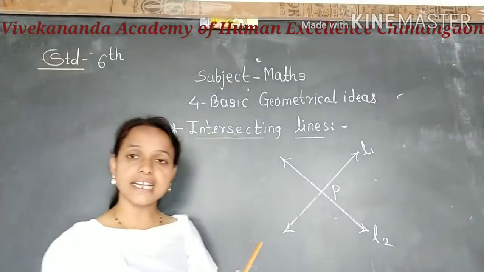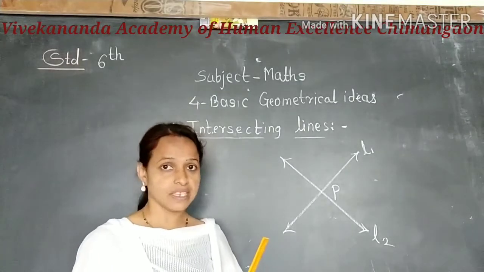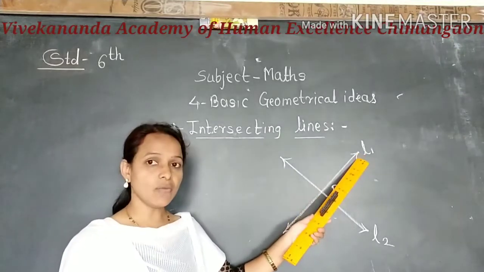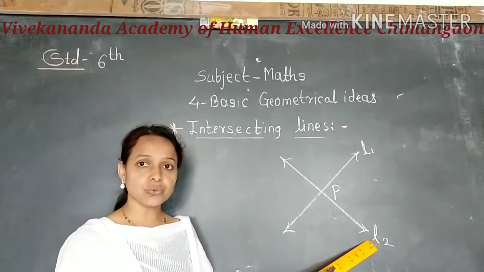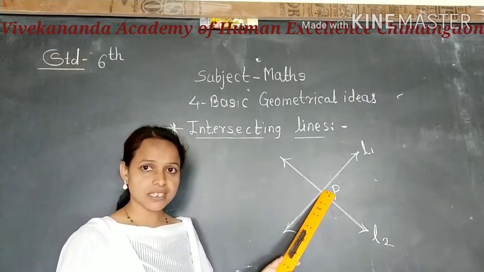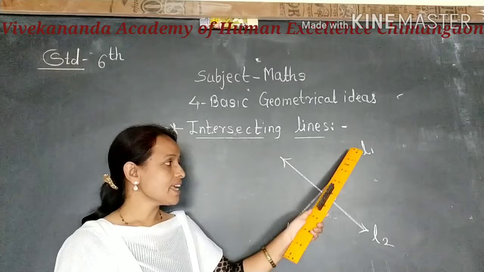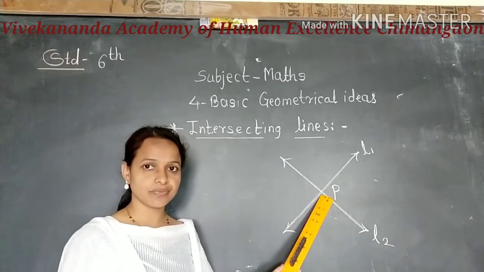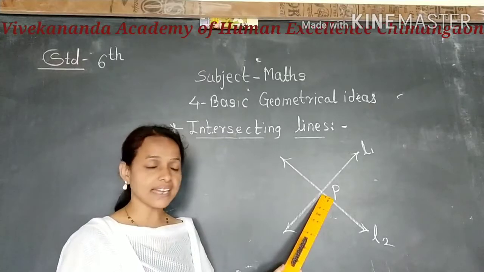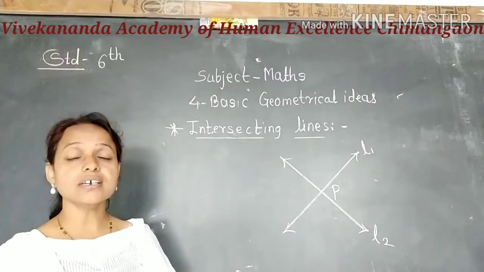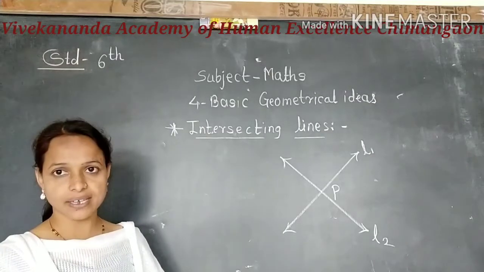Listen again, students. In this figure, line L1 and line L2 intersect at point P. Means here two lines L1 and L2 have one common point. So we say that lines L1 and L2 are intersecting lines.